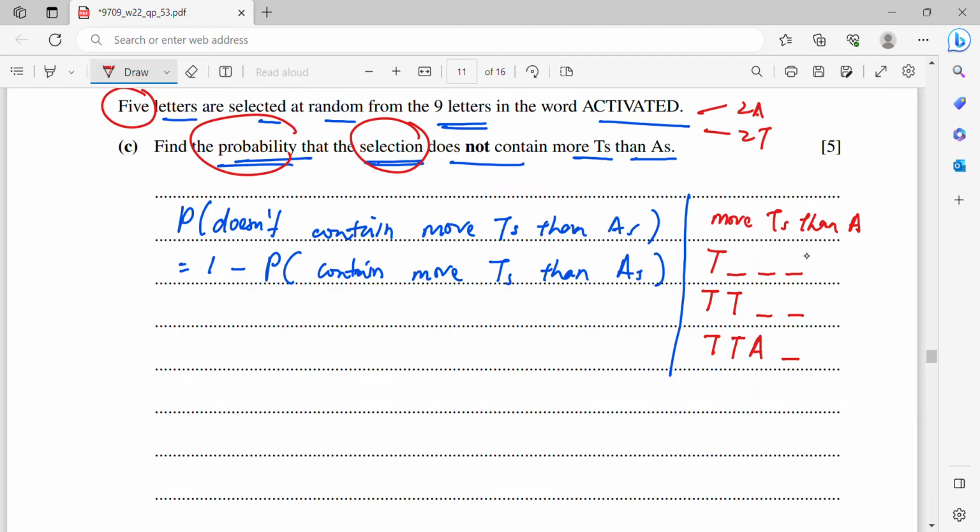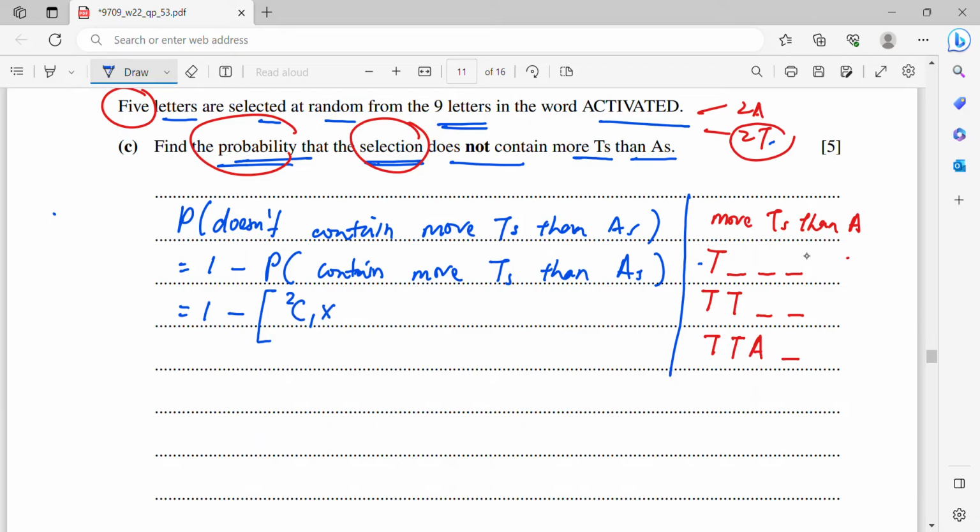Now, for the first case, if you get 1 T and 3 A's, remember you have 2 T's, so the probability for the first one is 1 minus... From the 2 T's you need to choose 1 T, so 2 choose 1.